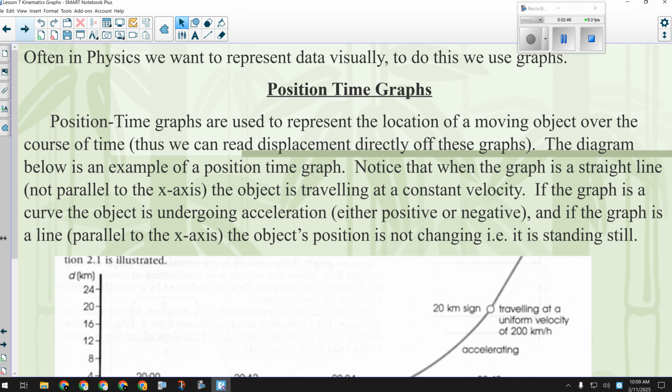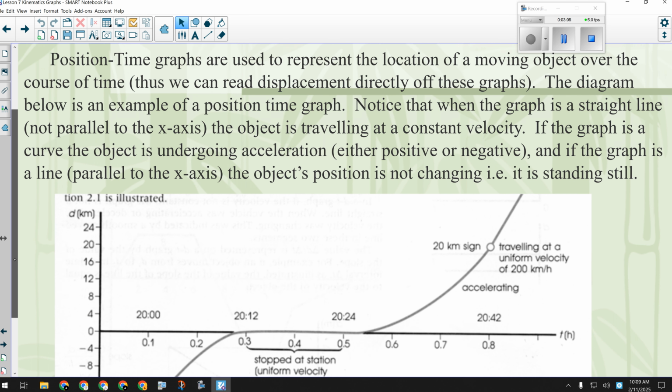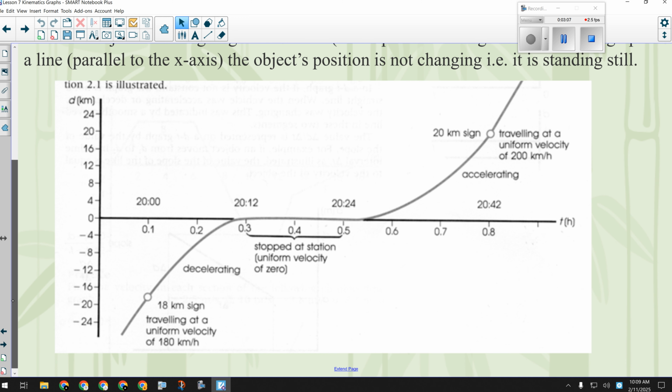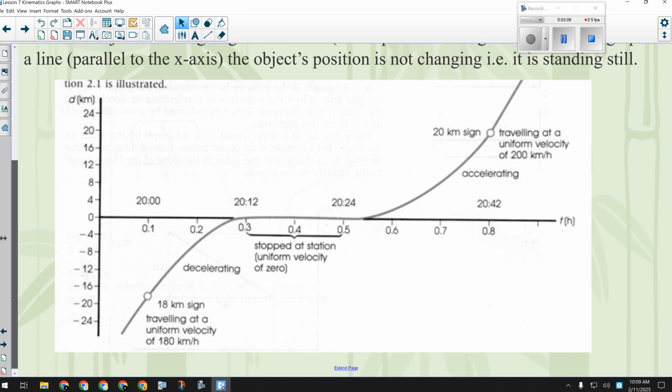And what we want to get the hang of here is not memorizing what the shapes mean, but rather interpreting. Because then that ability to interpret can be applied to any type of graph, not just a position versus time graph. All right? So, in a position versus time graph, position is obviously on the y-axis, and time is on the x-axis. And yes, we will do a little bit of y equals mx plus b here as well.